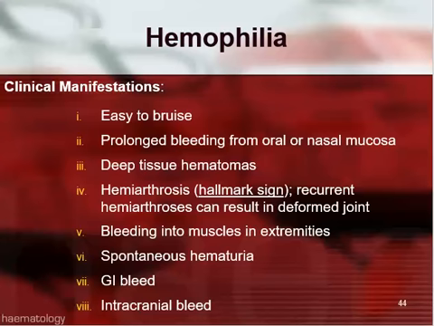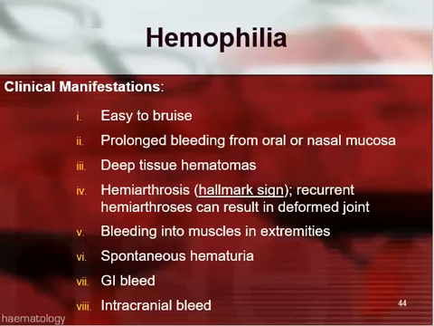It says hemiarthrosis. I think it's supposed to say hemarthrosis. It means bleeding into the joint. So the synovial membranes of every synovial joint are very highly vascularized and very exposed, so they can be bumped and, because of this bleeding disorder, the blood can go into the synovial fluid, and it can cause joint damage.